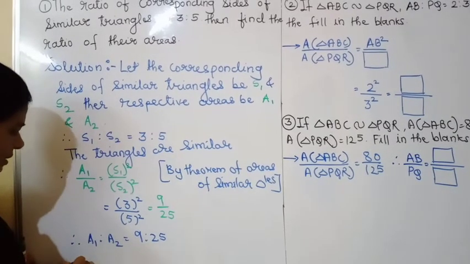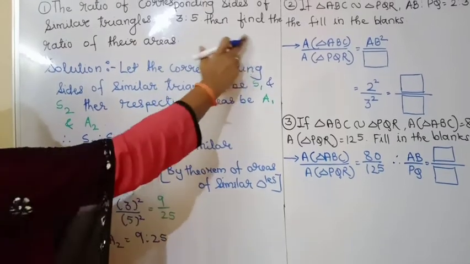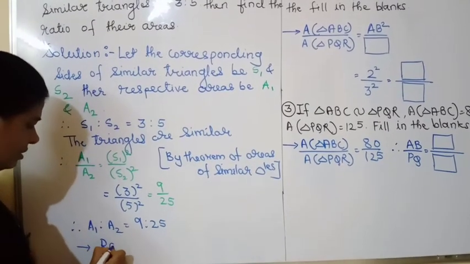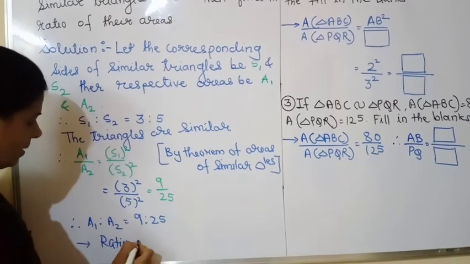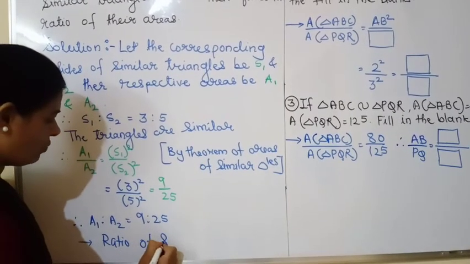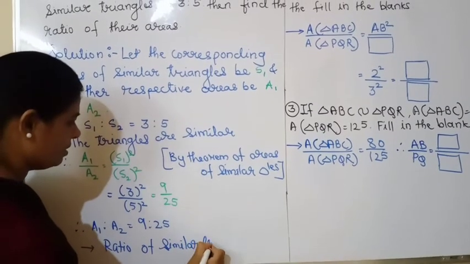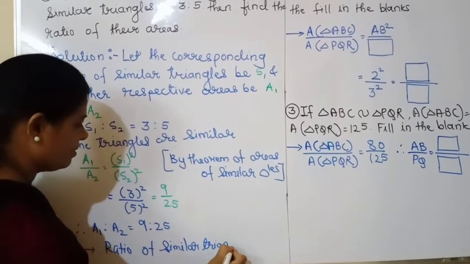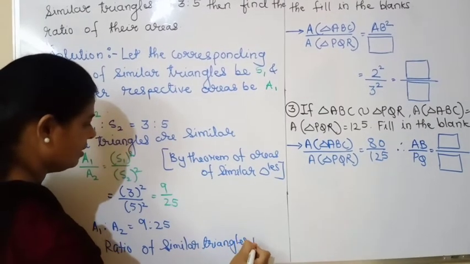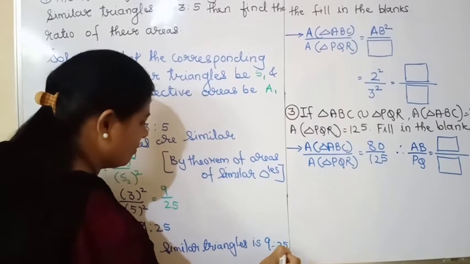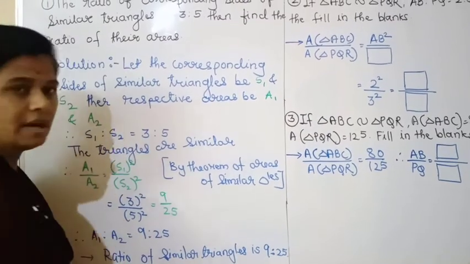They have told us to find the ratio of their areas, so at the end we can write the answer: the ratio of areas of similar triangles is 9:25.